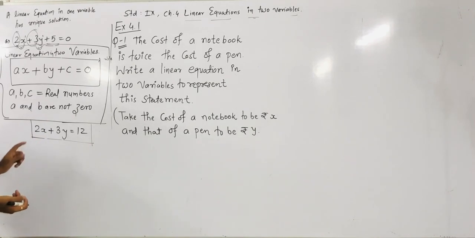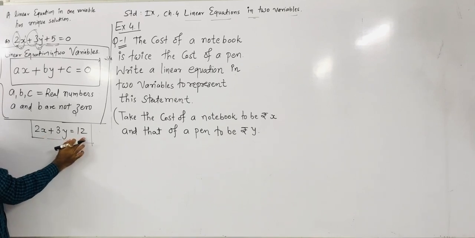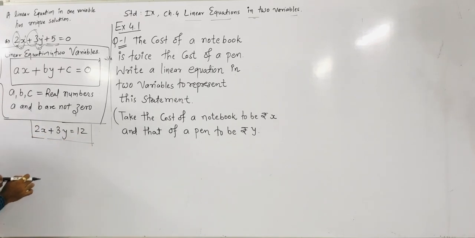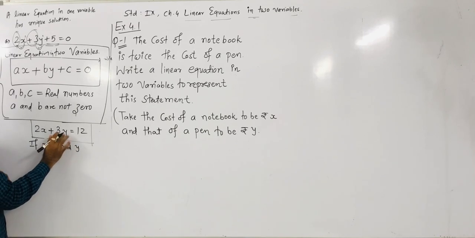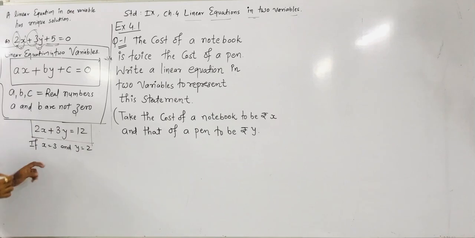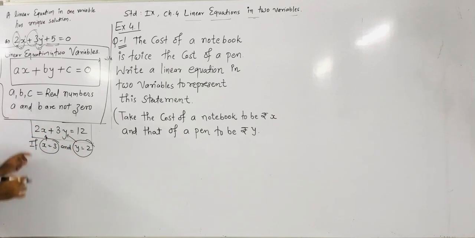It means what? At what values of x and y do we get the 12? So suppose I take one example. Suppose I take x is equal to 3 and y is equal to 2. If I take the x value as 3 in that equation and y is equal to 2, what do we get?